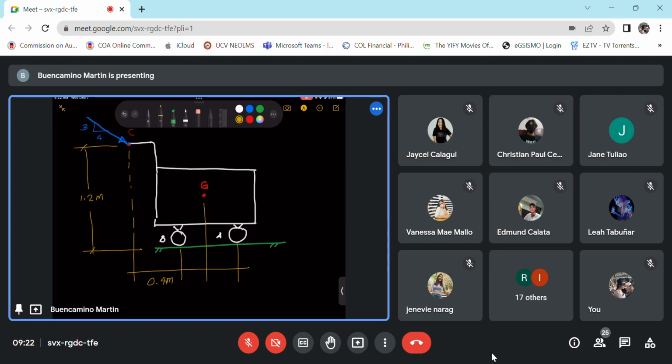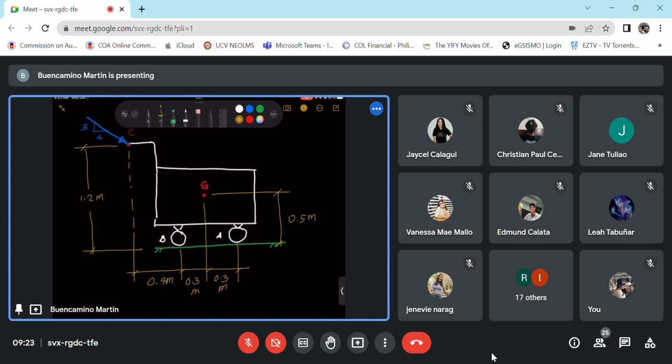Tapos, say this is 0.3 meter, and 0.3 meter din ito. Tapos, yung location ng kanyang center of gravity has a height of, say, 0.5 meter with respect to the floor.